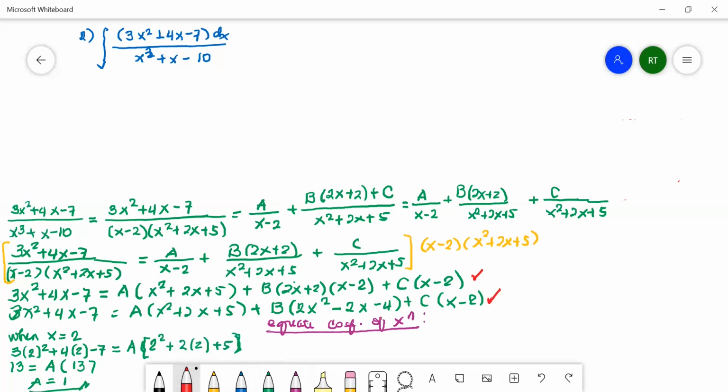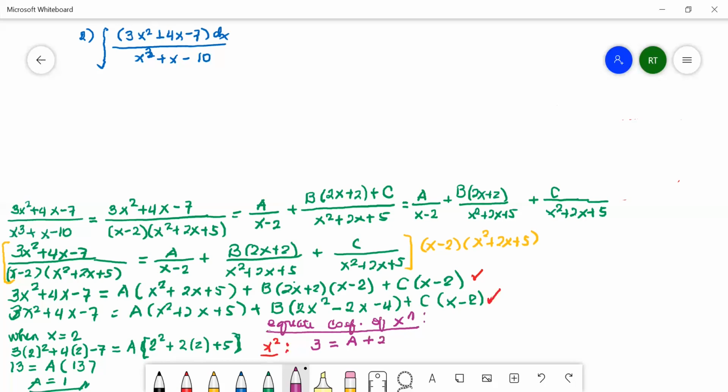And we can equate coefficients of x squared. If we equate coefficients of x squared, on the left member, we have 3x squared. Therefore, the numerical coefficient is 3 equals, on the right member, we have a times x squared. Therefore, the numerical coefficient is a. And on the second term, we have b times 2x squared or 2bx squared.